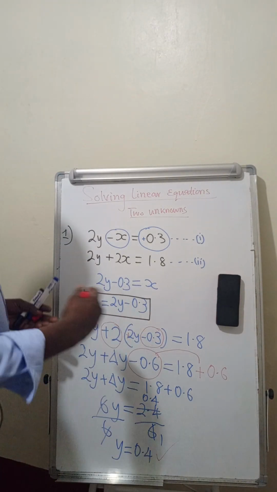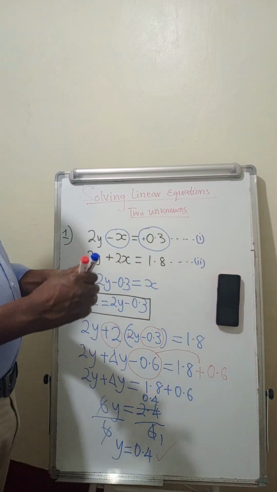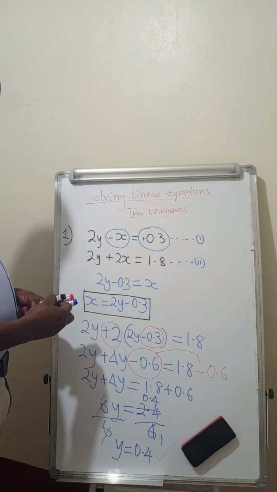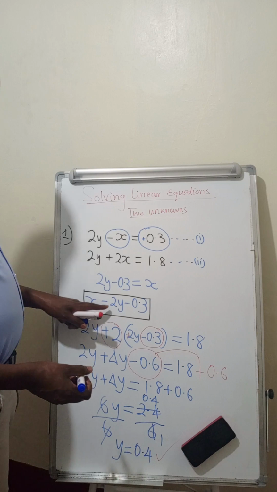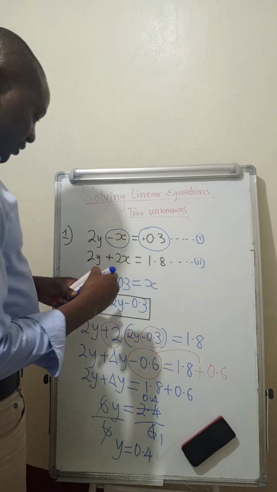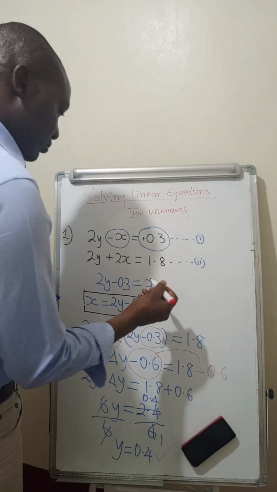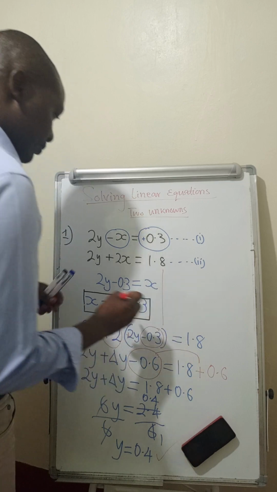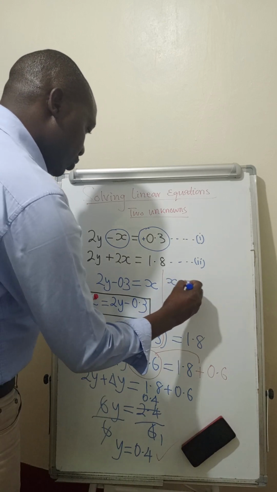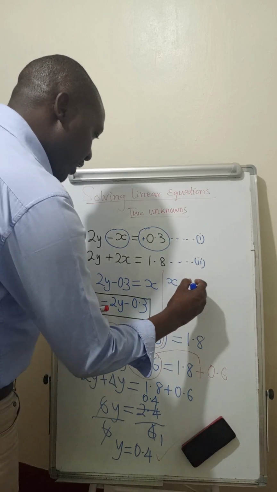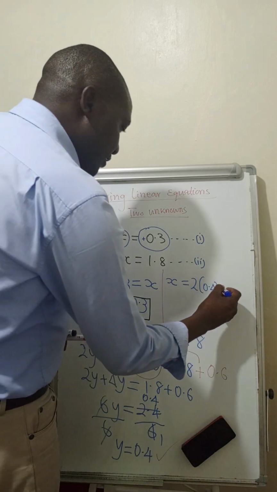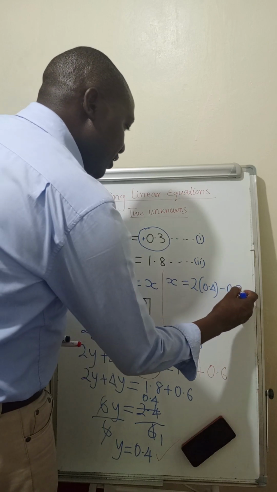How do we get the value of x? Remember, we have to get the value of the two unknowns. Here we said that x is equal to 2y minus 0.3. So x is equal to 2y, our y is 0.4, minus 0.3.